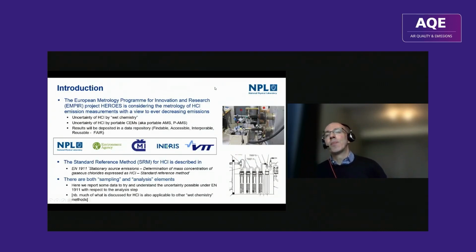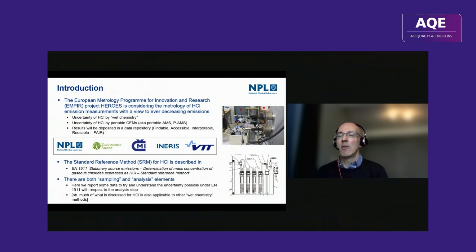And so a lot of the data that I'm going to show you has come from a European metrology program for innovation and research project. That project is called HEROES, and that considers the metrology of HCl emission measurements with a view to ever decreasing emissions.